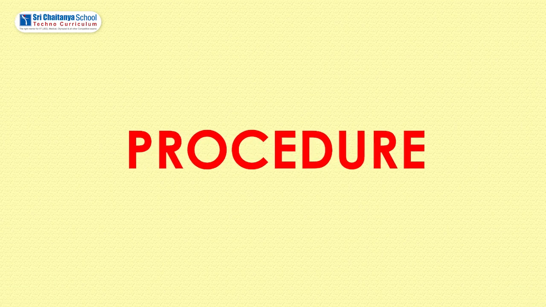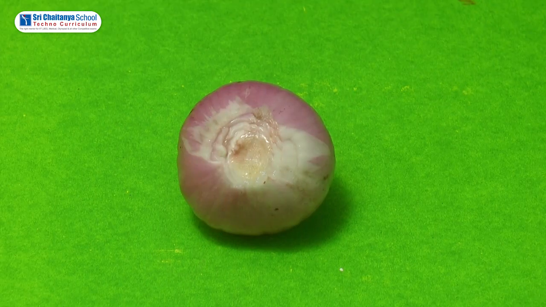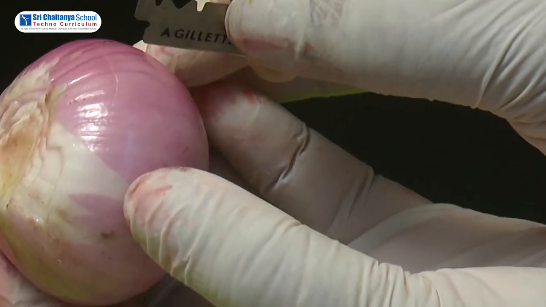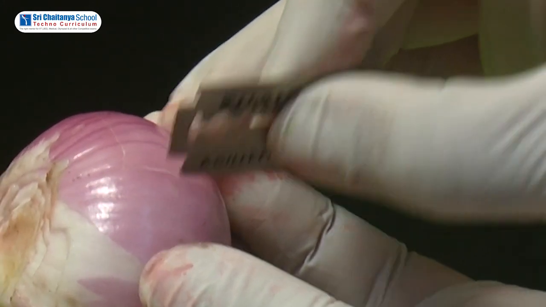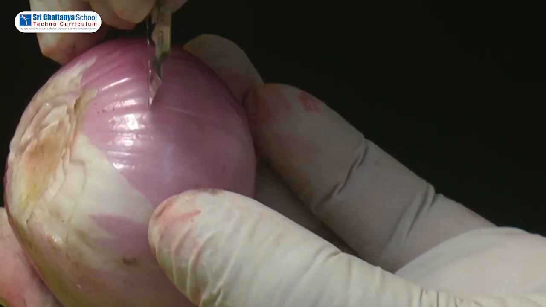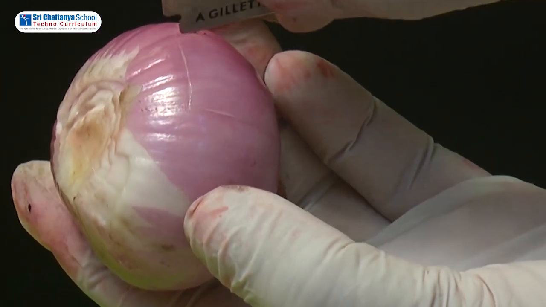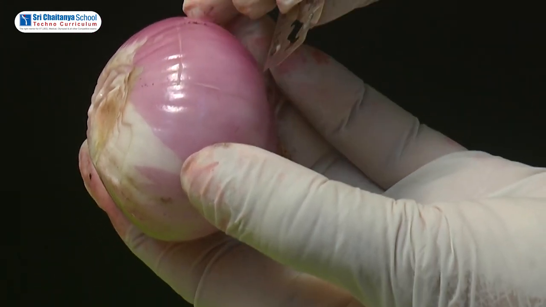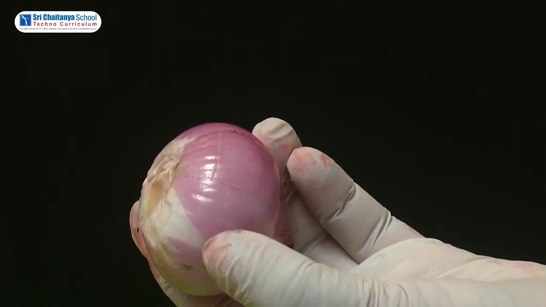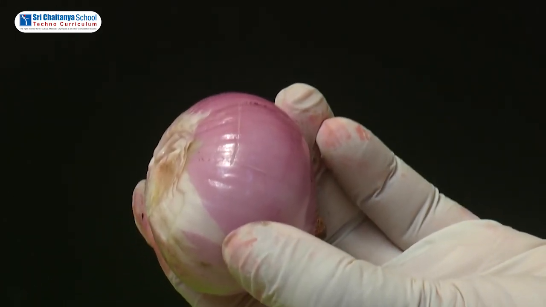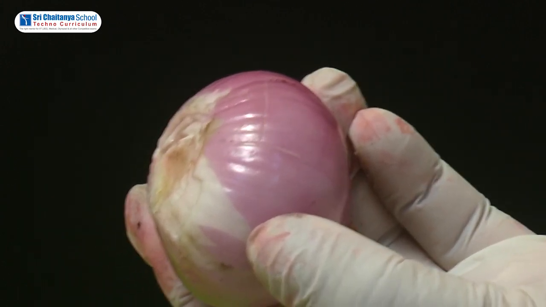To conduct this experiment, we need to follow the procedure. At first, we have to take an onion. Now cut the onion leaf with the help of a sharp blade like this, and remove the leaf peel with the help of forceps.